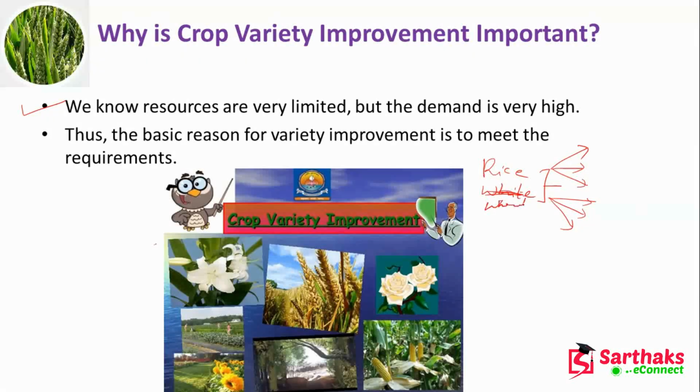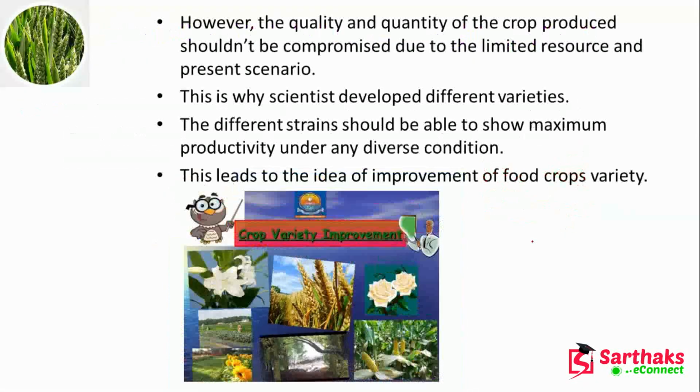So a lot of things we have to do. The demand is very high, that's why we are going to cultivate it in large quantity. And the basic reason for variety improvement is to meet these requirements. So this is the main reason why we are going for variety improvement of the crop.